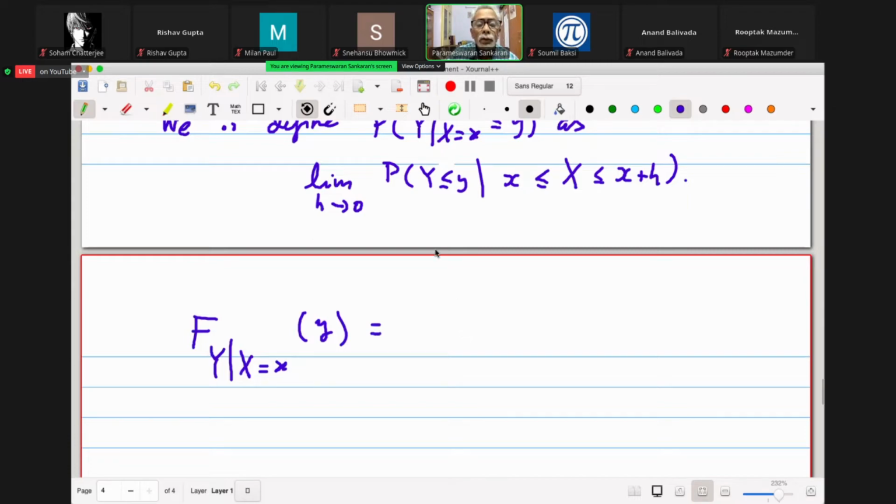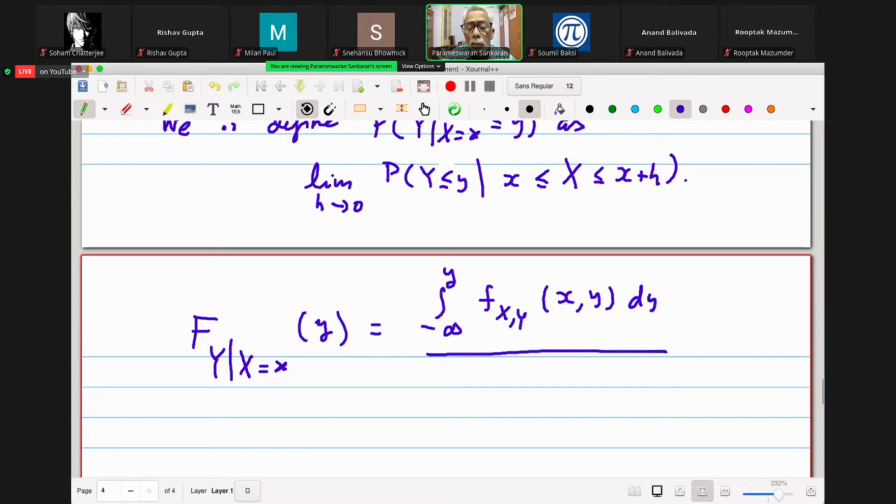When you finally analyze it, it turns out that this is the integral from minus infinity to y of f_XY(x, y) dy, divided by f_X(x).